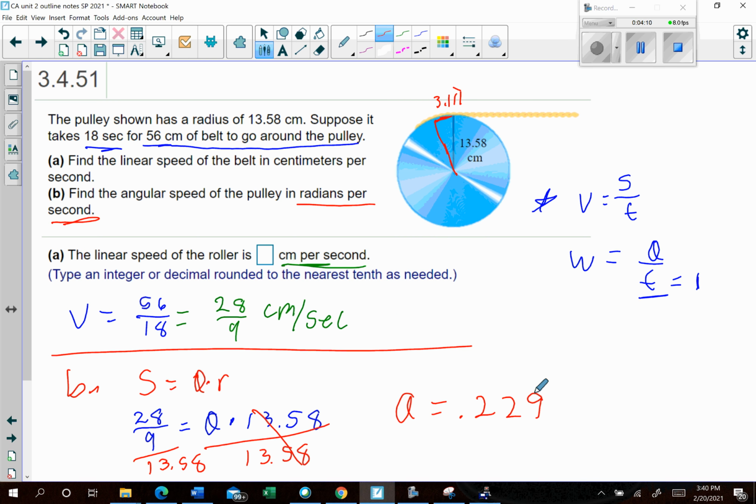I just noticed on the first one it said type an integer or a decimal, so we would have rounded that one to the nearest tenth, which would have been 3.1. If we're rounding this one to the nearest tenth, this would be 0.23 when you round, if it's the same rounding for both parts. Okay, so I hope that helps, and send me more questions if you've got them.